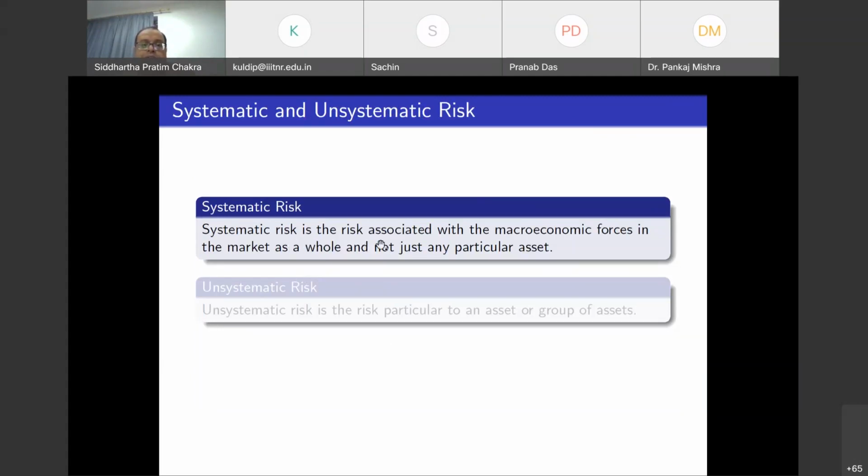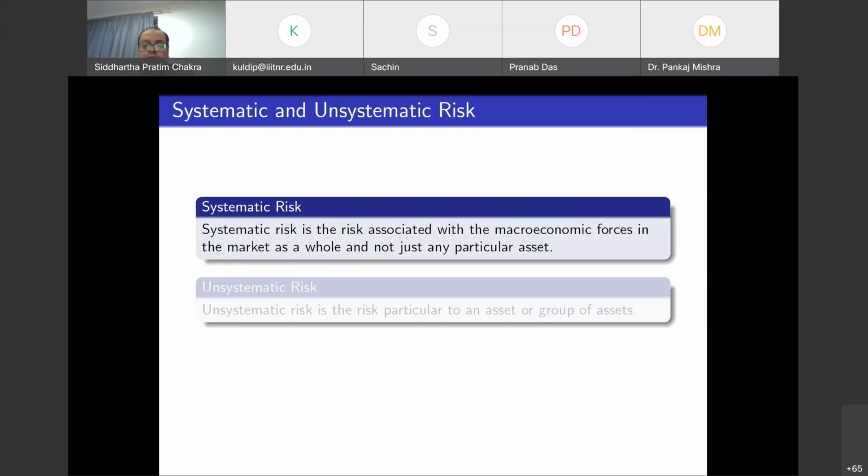So systematic risk is the risk associated with the macroeconomic forces of the market as a whole. Basically, there are certain common market forces which pose a risk to the return of all the assets in the market, and those factors are called systematic risk.